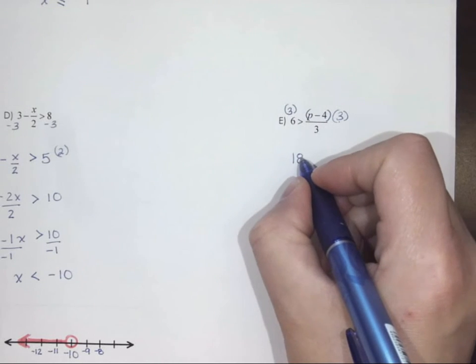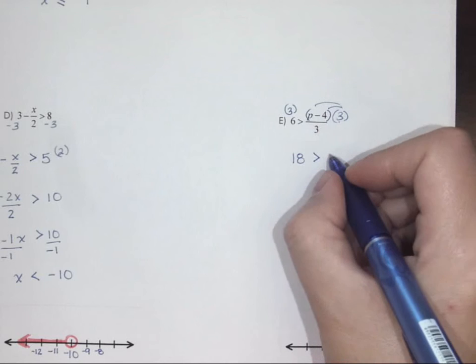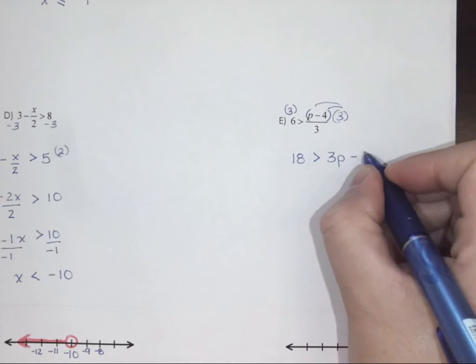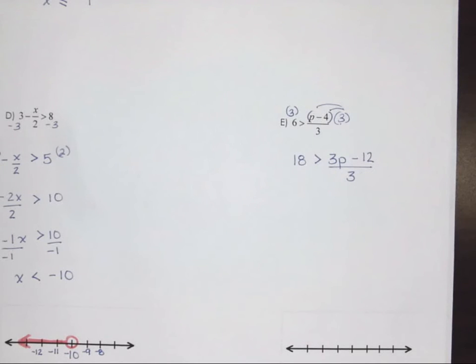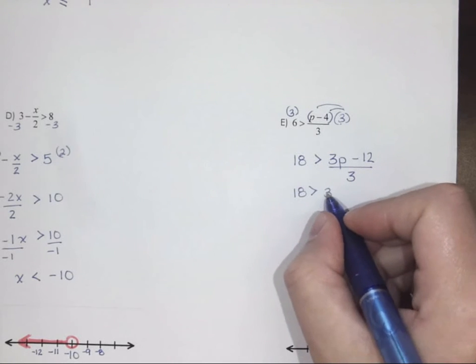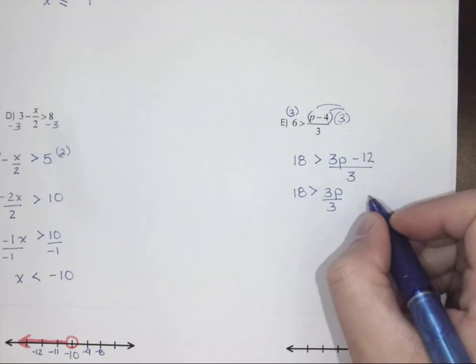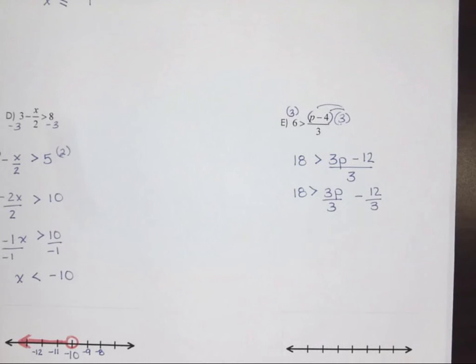All right, and if we multiply this by 3, we have to multiply this by 3. So we're going to have 18 is greater than, and we're going to leapfrog this in, 3p minus 12 over 3. And if you remember back to your polynomials, this is the same thing as saying 3p divided by 3 minus 12 divided by 3.